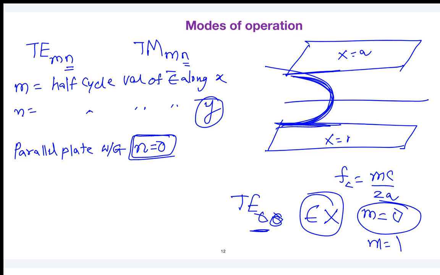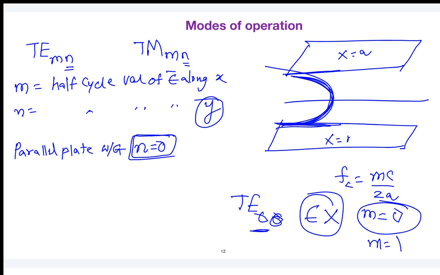Why the minimum value of m has to start from 1? Is it clear? Why the m value should not be 0?